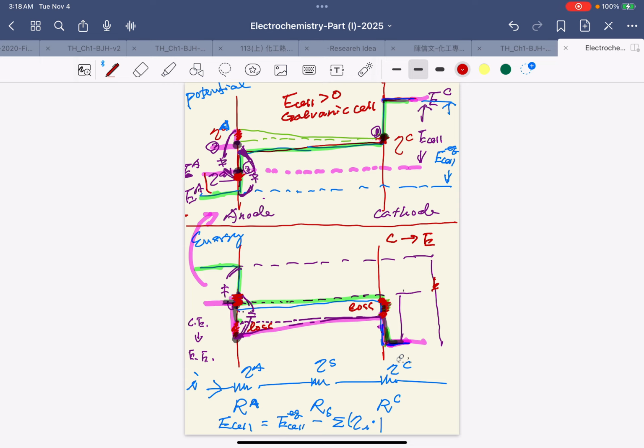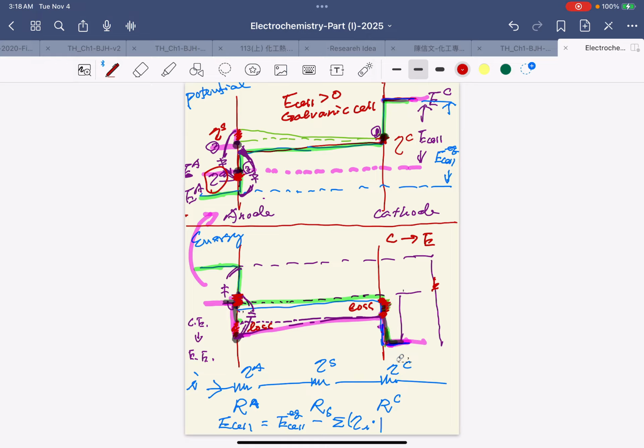We call this eta C, right? This eta A. This loss is from the solution, the loss from the electrolyte. Okay?